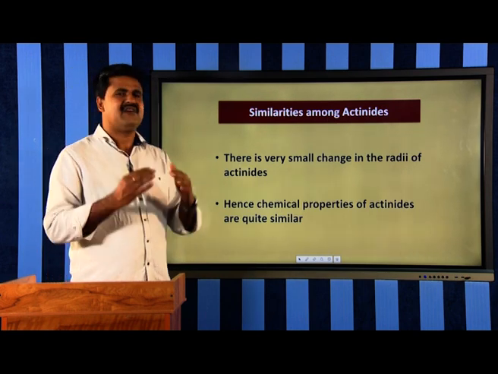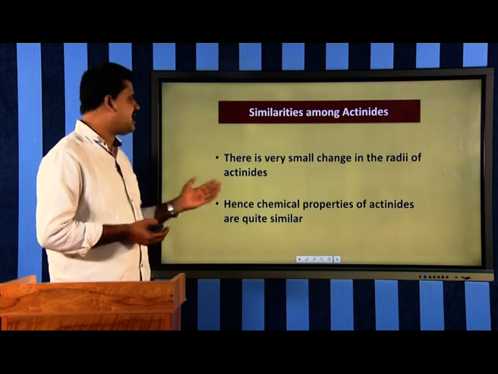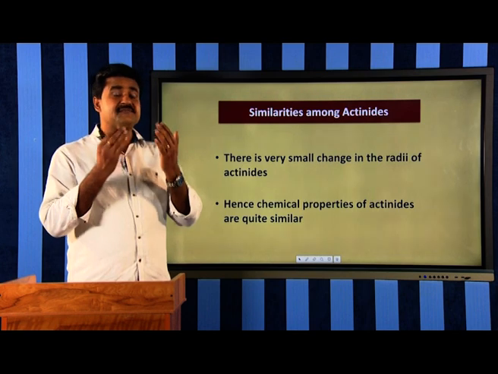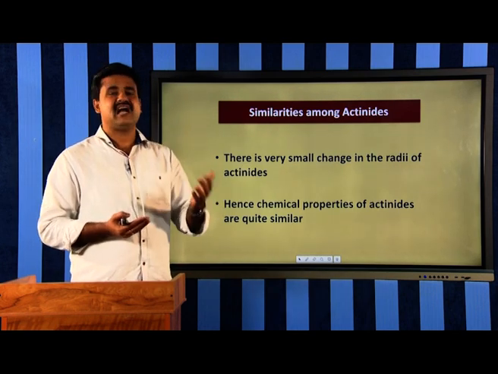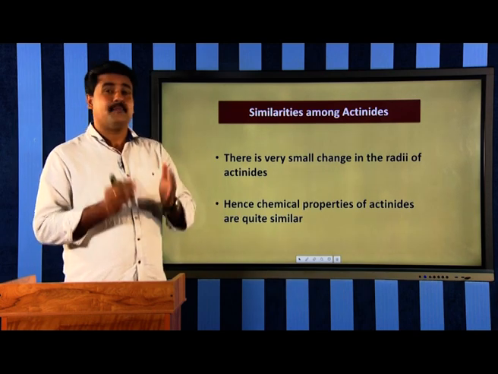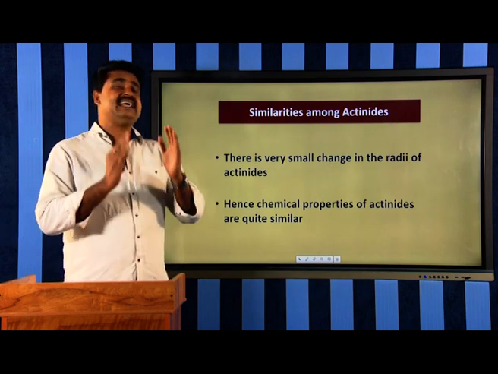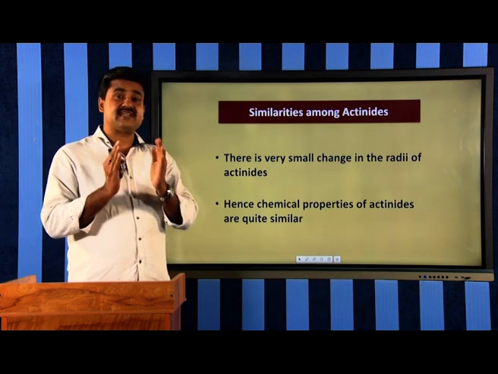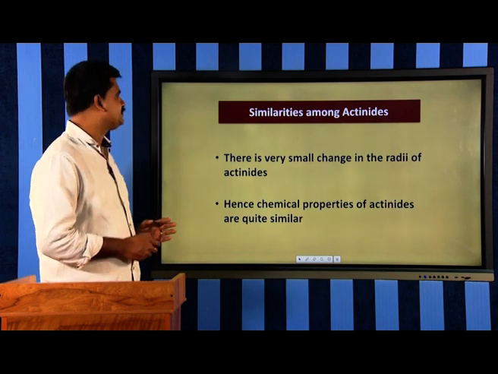As a result, the chemical properties of actinides are quite similar. If the chemical properties are similar, we can't separate actinide ions by common methods, as we observed in the case of lanthanides. But actinide contraction is not as dominating as lanthanide contraction. Hence, the separation of actinides is not at all as difficult a task as in the case of lanthanides.